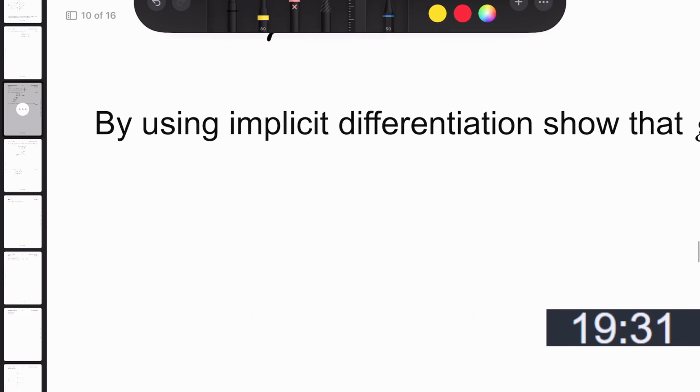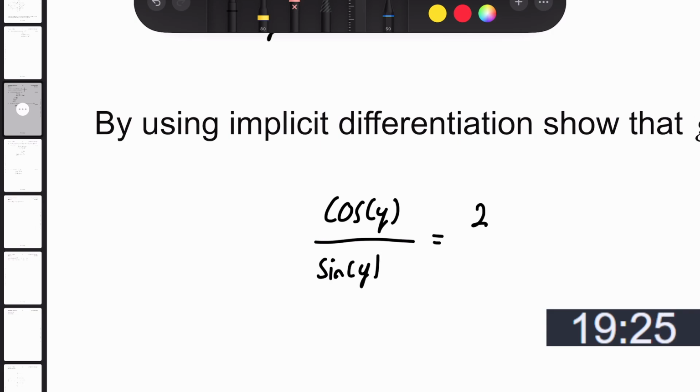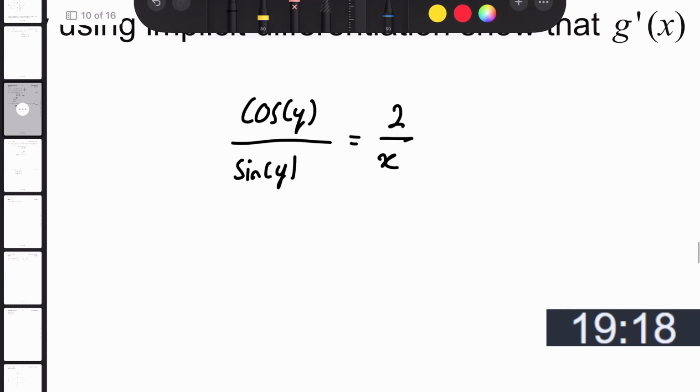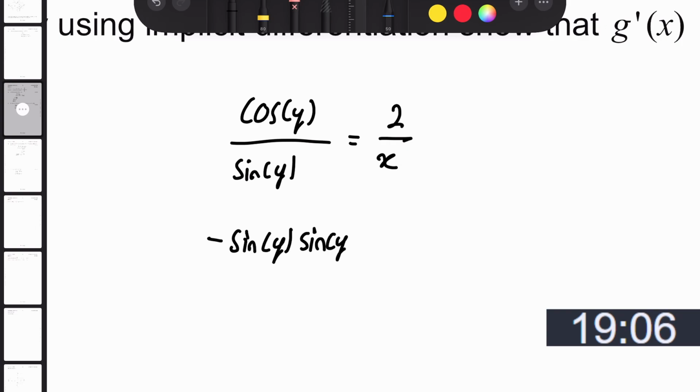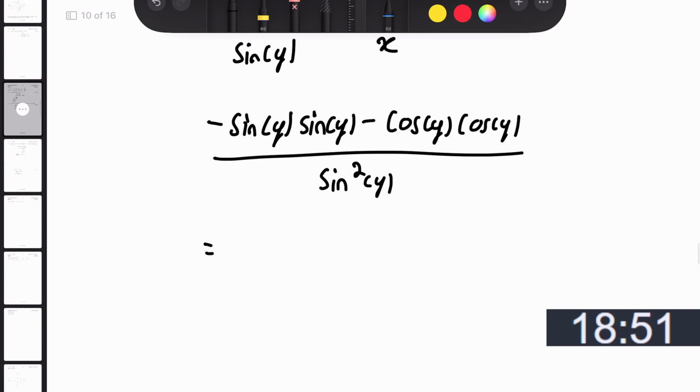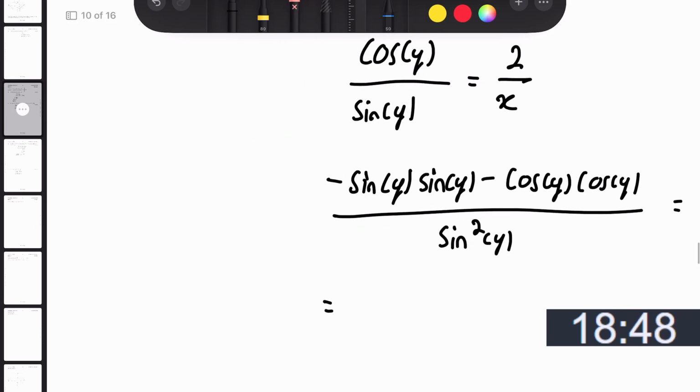If I just take cosine of y over sine of y equals 2 on x, and differentiate both sides, cot of x. So this is going to be cosine of y. Derivative of the top is going to be negative sine of y, sine of y, minus derivative of the bottom, cosine of y, cosine of y, and on the bottom it's just going to be sine squared of y.